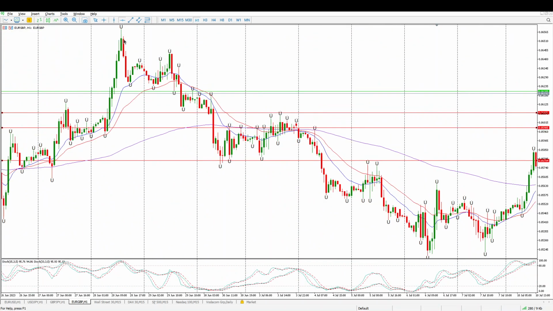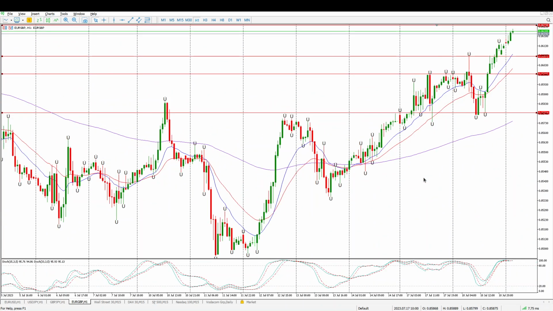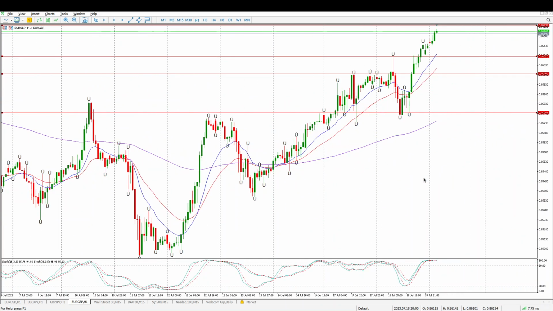Pretty much where price is now would be the first target, 086238. So you're looking for a move to here, and that's going to give you a 170 odd point gain for probably around 30 to 40 point stop loss, depending on the bar you get on the 15-minute. Anyway, that is the only trade I see on Forex today.